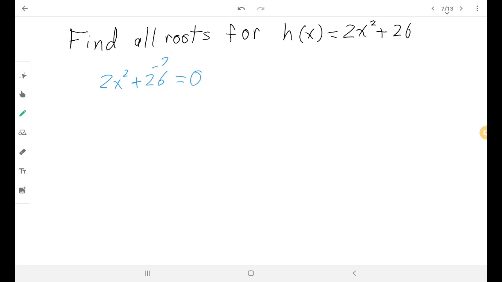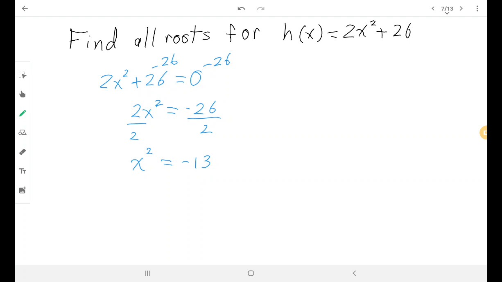Well, to do that, I'm going to have to subtract 26 on both sides, leaving me with 2x squared equals -26. And then I'll divide by 2 on both sides, and that will leave me with x squared equals -13, because -26 divided by 2, a negative divided by a positive is a negative, and then 26 divided by 2 is 13.